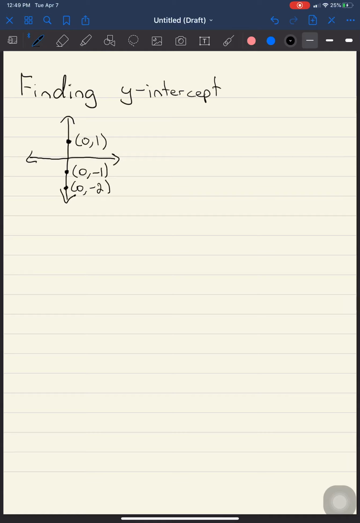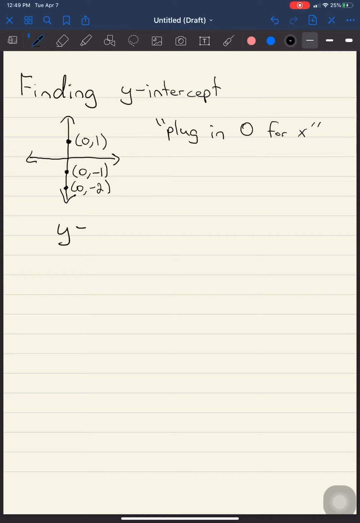There should be something that you're seeing in common with all of these points, and that is that all of the x values are 0. So what we can do is just plug in 0 for x. We can try that real quick.